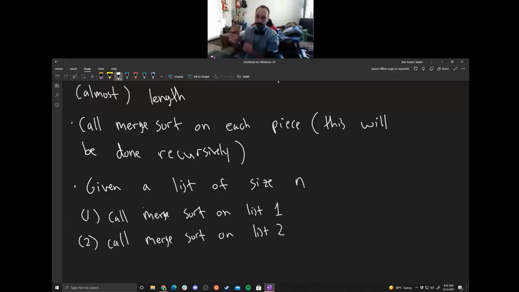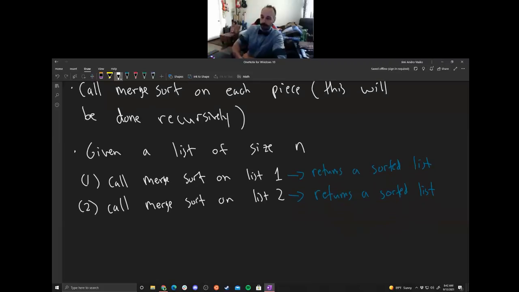So you break it into two even pieces, and then the result is it returns a sorted list. And of course, it will do it magically. So we break it in two pieces, we call merge sort on each piece, and magically we will have two sorted lists. Awesome.